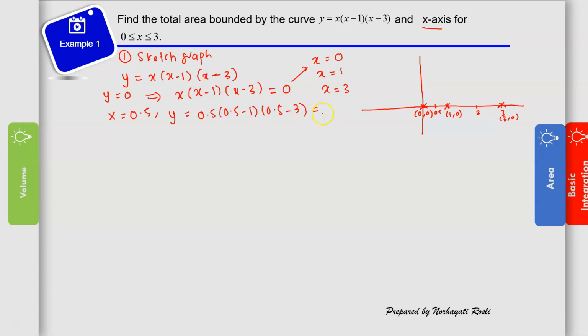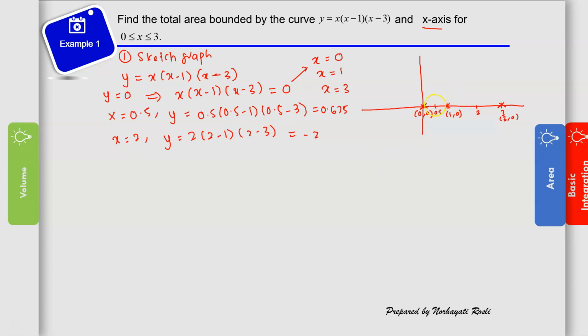When we solve this, we get the answer 0.625. And then in between the other 2 points, we choose 2 as our intermediate value. So when x equal to 2, y equal to 2 times (2 minus 1) times (2 minus 3). When we solve this, we get negative 2.